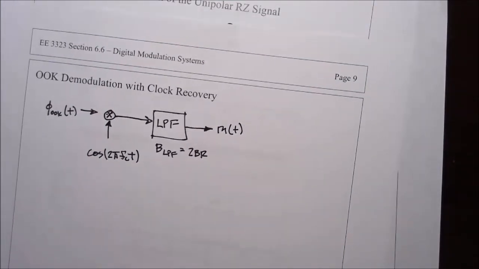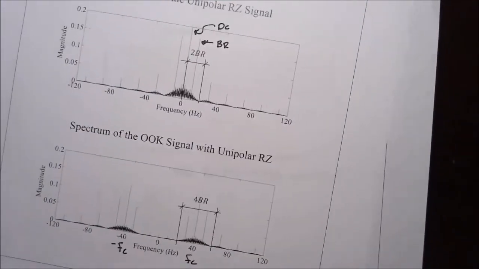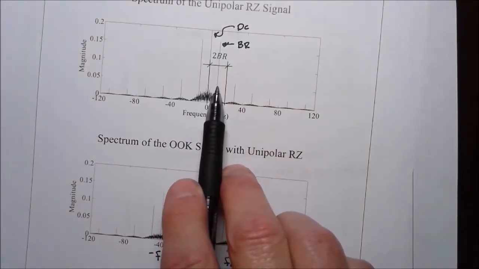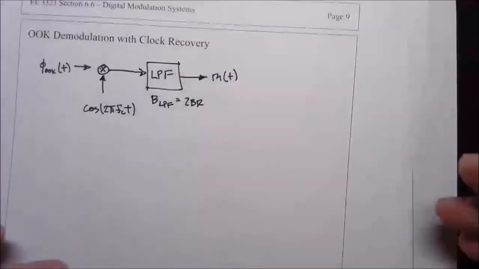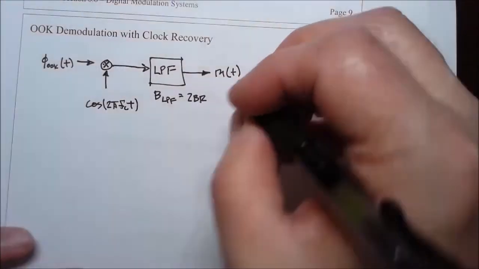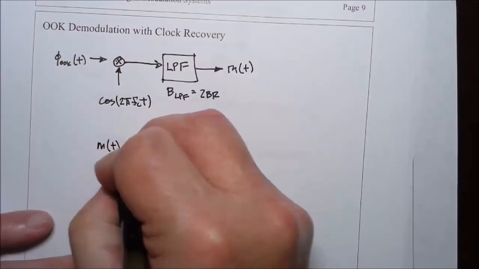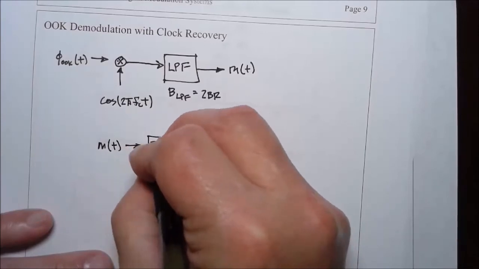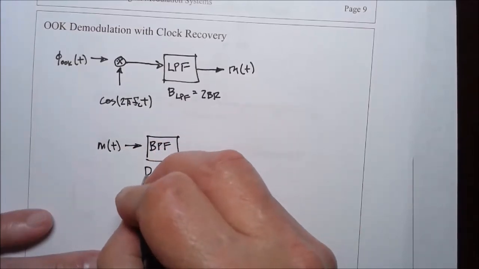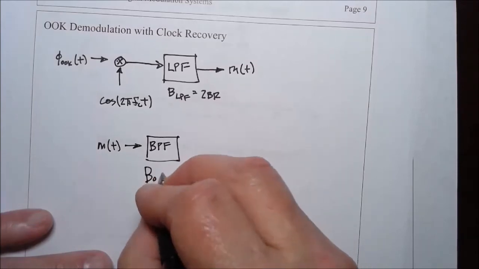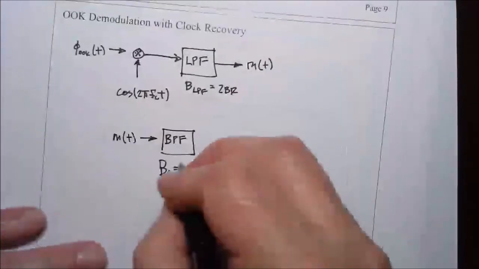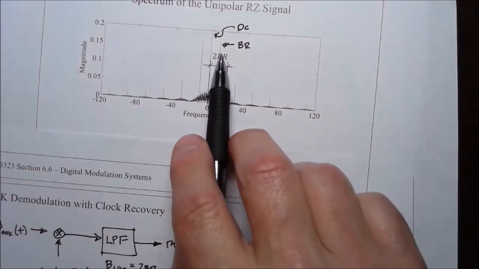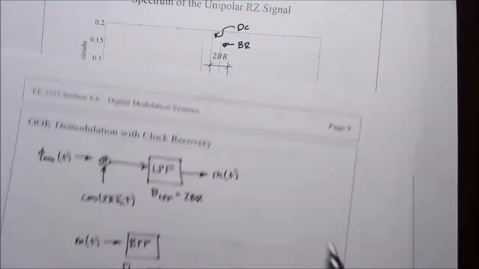Now, what we also get, though, since this signal will have these two strong lines at the bit rate, we can take this recovered message signal into a bandpass filter that has a center frequency equal to the bit rate, so we can tune in to this strong line and this strong line.